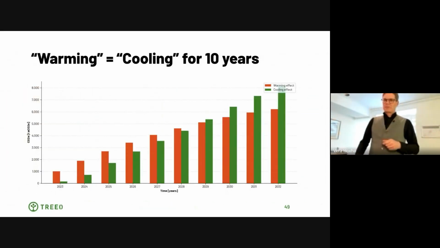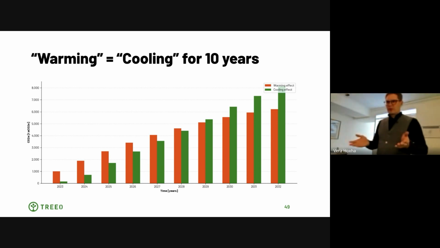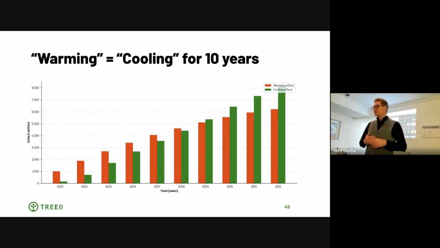Yeah, and in this case, the matching of a cooling portfolio can look like this. This is really the TREEO cooling portfolio we would then adjust for this kind of scenario. Yeah, it's more expensive, but to be honest, it's also more honest, because it's really what kind of effect you have on the temperature of the planet.